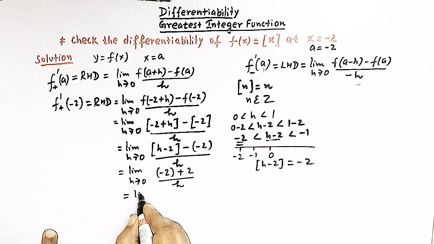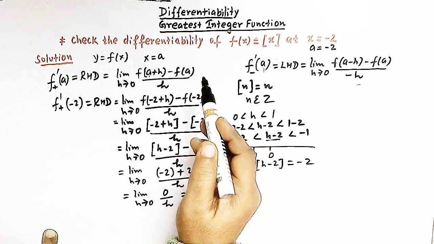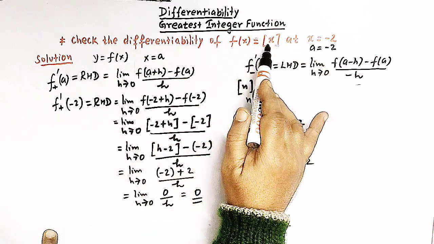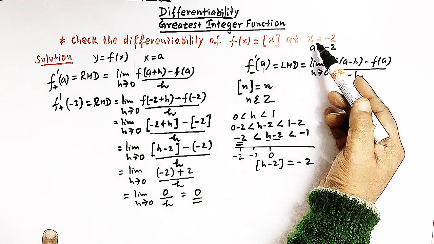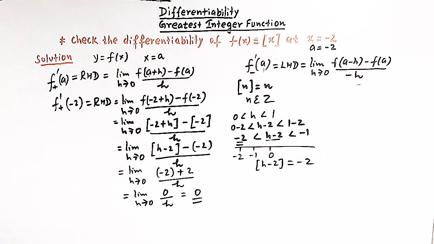So this is limit h tends to 0 of minus 2 plus 2, which is 0, divided by h. This limit is equal to 0. So the right hand derivative of greatest integer of x at x is equal to minus 2 is equal to 0. Now let us find out the left hand derivative.